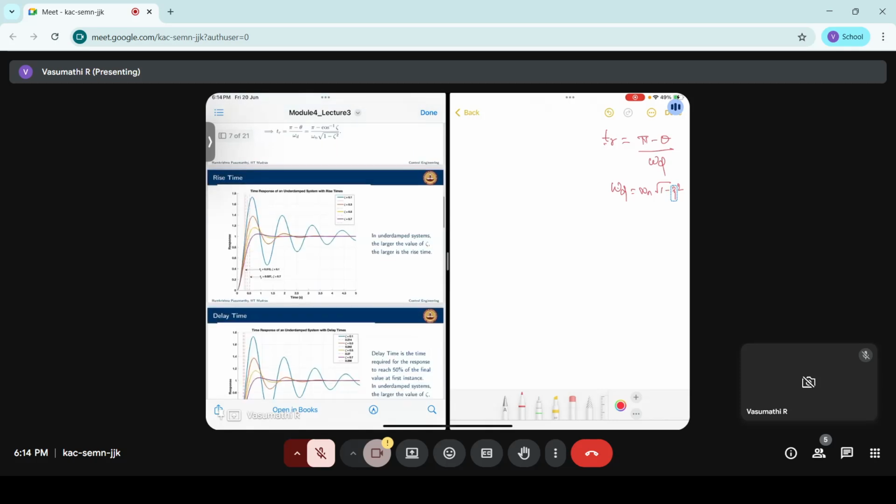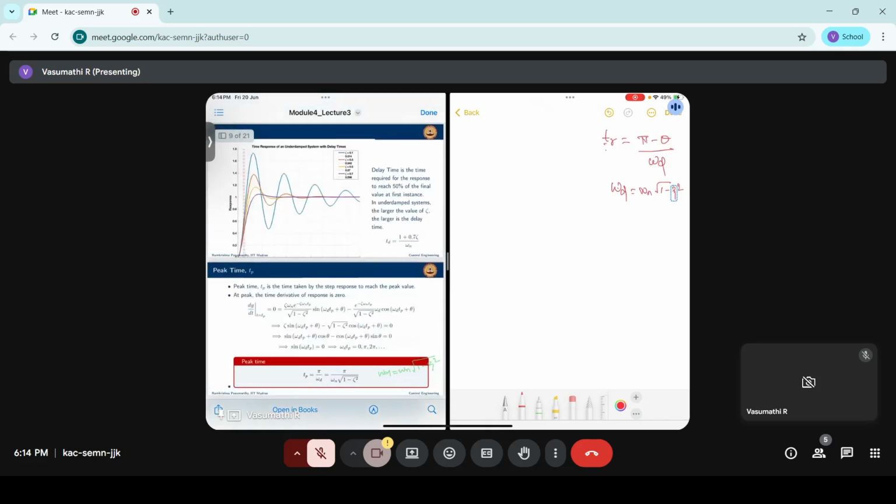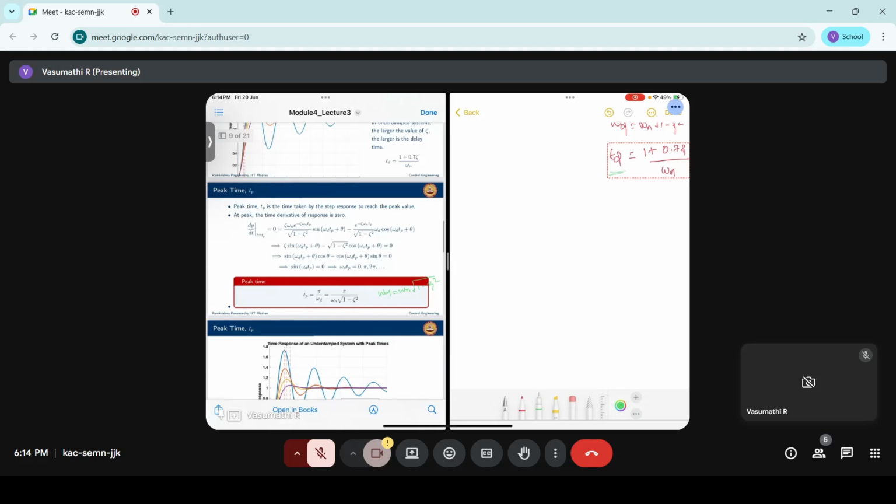Then the delay time. The delay time TD can be written as 1 plus 0.7 zeta divided by omega n. You have to memorize these formulas to solve the problems. This is another equation we want to see.